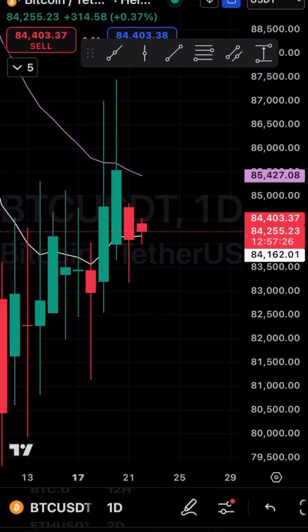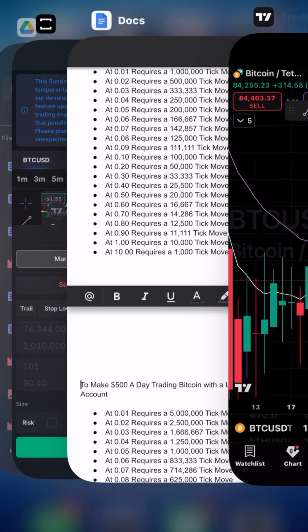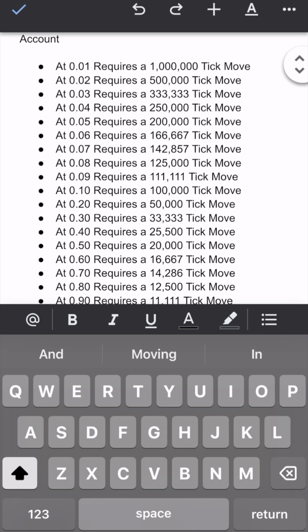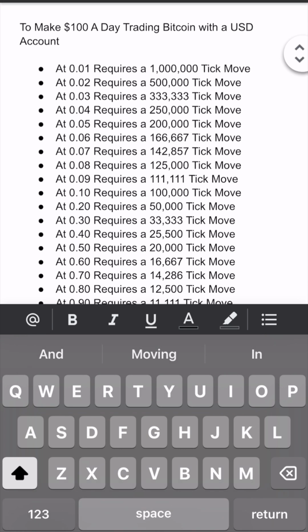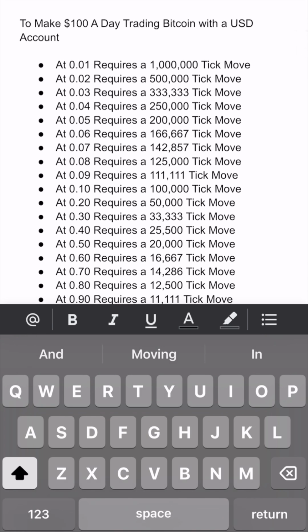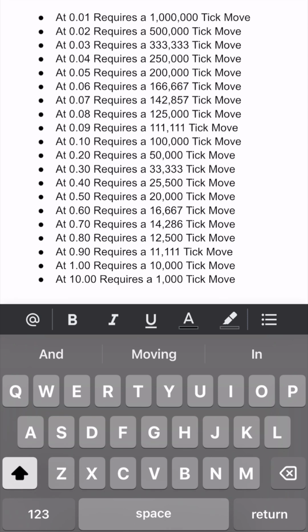So anyway, those are the numbers. These are the numbers that you need to make $100 trading Bitcoin. Now, what I personally would do is I'd start with 0.01 and I slowly would scale it up.